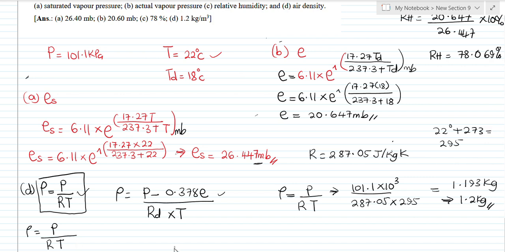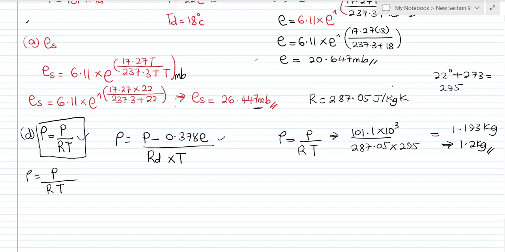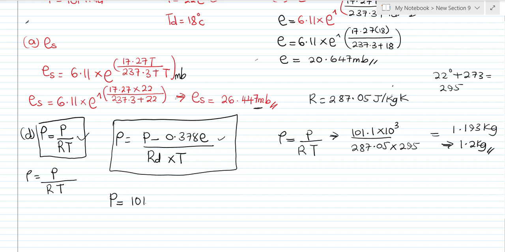Now, what if you are using the second equation? With the second equation, we need the pressure in millibar, right? So the air pressure, which is 101.1 kilopascal, we need in millibar.